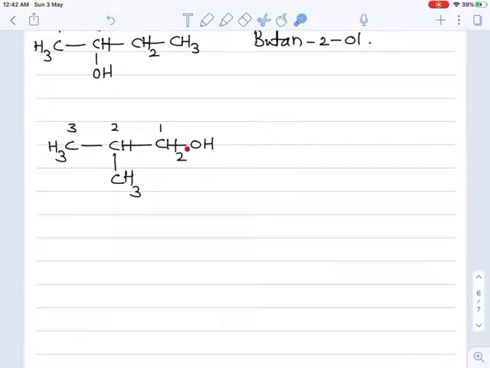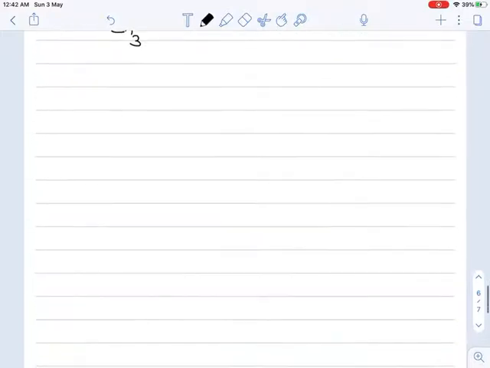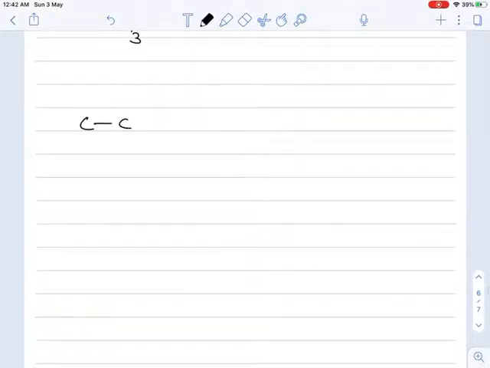So a 3 carbon containing alkane derivative, propane, at position 1 the OH group is there, 1-ol, and before that the substituent group is written. So at position 2 this methyl group is there, so we can write its IUPAC name as 2-methylpropan-1-ol.